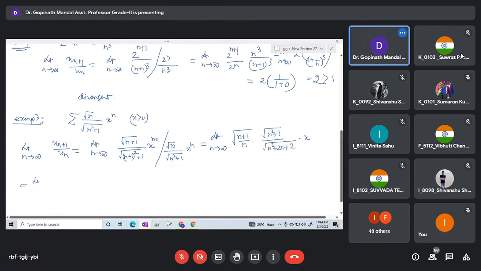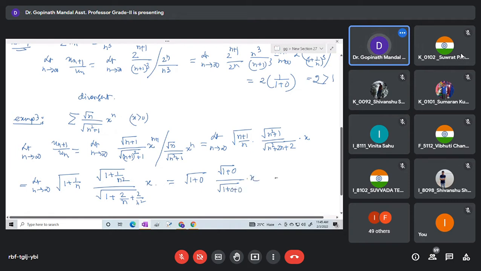So the limit as n tends to infinity, we divide by n square: root of (1 plus 2 by n plus 2 by n square) by (1 plus 1 by n square), into x. So as n tends to infinity, the limit will be root of (1 plus 0 plus 0) by (1 plus 0) into x. So actually the limit is x.